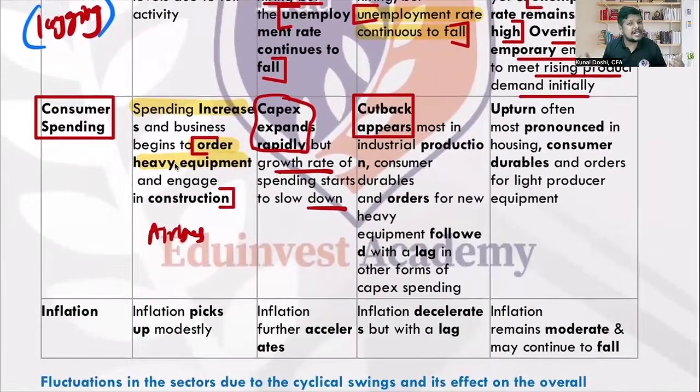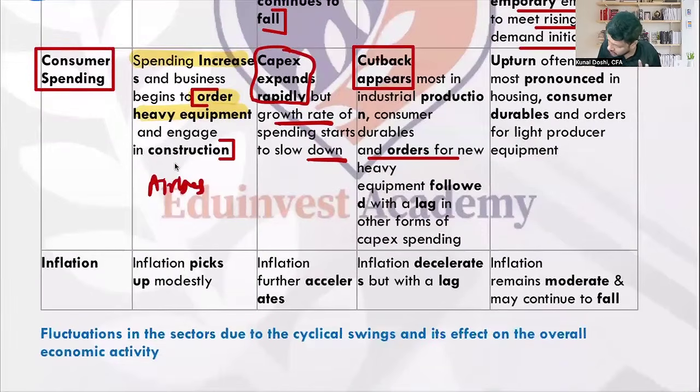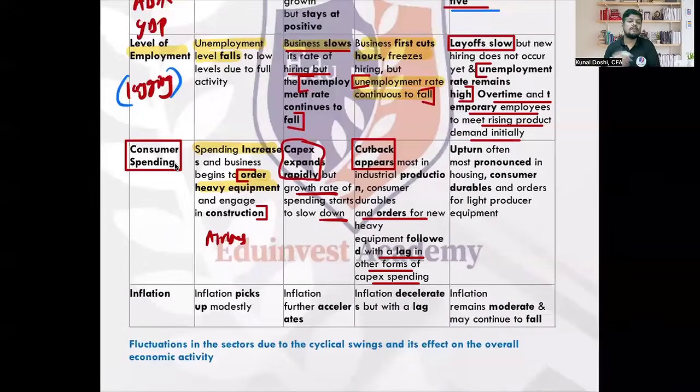Cutback doesn't mean that you start selling the equipment. Cutback means new orders for heavy equipment are falling, followed with a lag by other forms of capex spending. So basically the new orders are delayed. People are not going for more orders because they fear the economy will go into a deep, long recession.